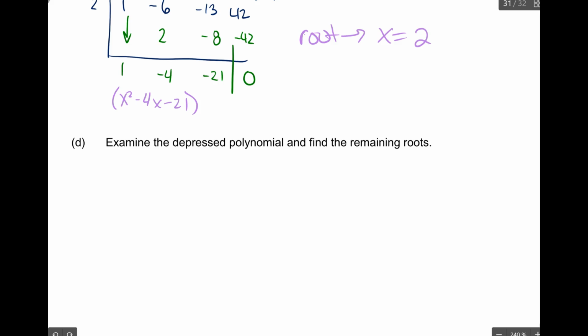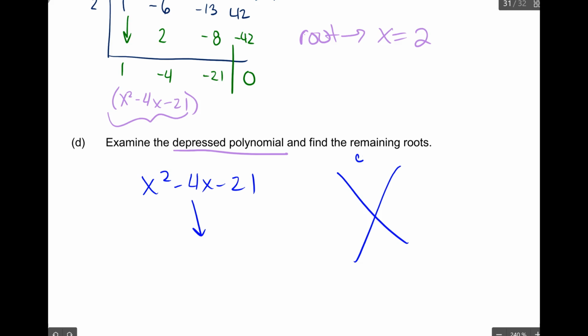So D is saying examine the depressed polynomial and find the remaining roots. So this is the depressed polynomial, meaning they just want us to take x squared minus 4x minus 21 and factor it. Okay, so what adds to -4 but multiplies to -21?